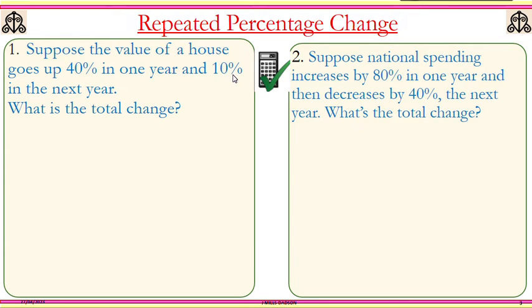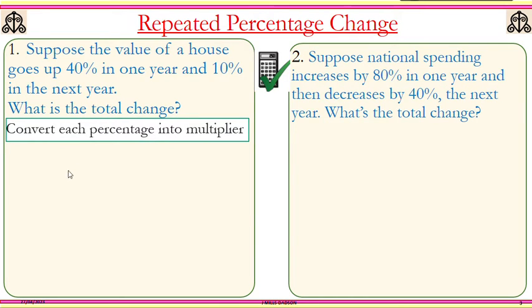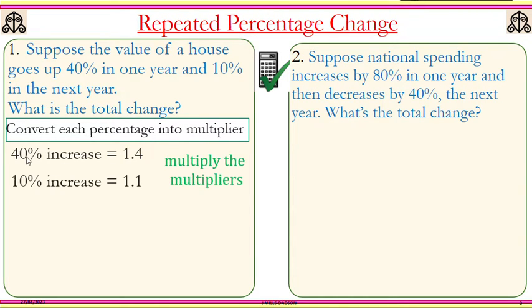You do the same for 10%: 100 plus 10%, 110%, you divide it by 100 to give you the multiplier for that also. So, to convert each percentage to a multiplier, a 40% increase will give us 1.4 as a multiplier, because 140% divided by 100 is 1.4. Similarly, 110% divided by 100 is 1.1.